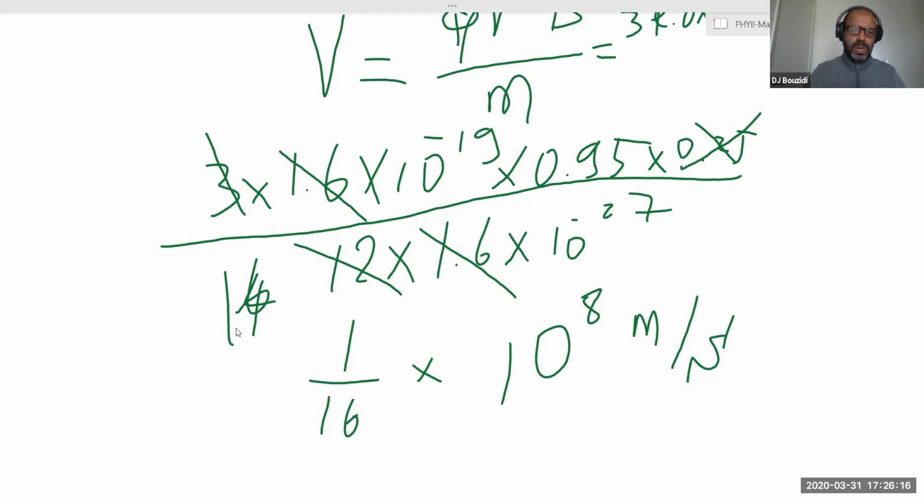It says, in an experiment with cosmic rays, a vertical beam of particles that have a charge of magnitude 3e and mass 12 times the mass of the proton enters a uniform horizontal magnetic field of 0.25 Tesla and is bent in a semicircle. Oh, the diameter. They didn't give us the radius. I'm sorry, they gave us the diameter. So this is not R. So I have to divide that by 2 again. That's good. So they gave us the diameter to be 95 centimeters, not the radius to be that much.